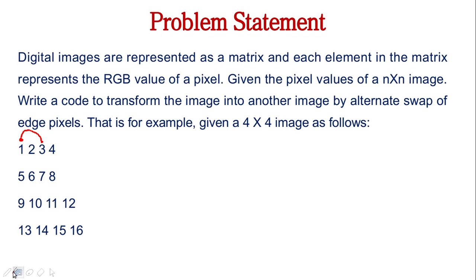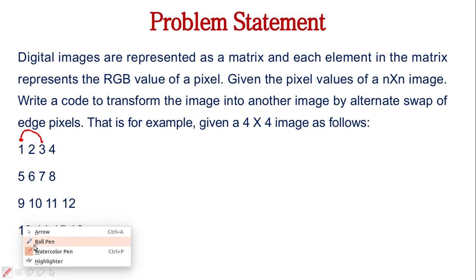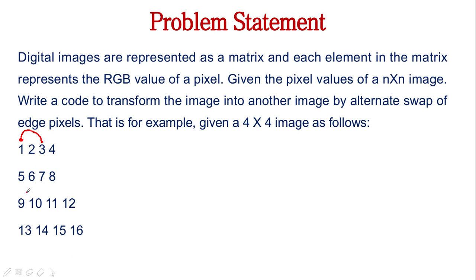You are not going to take the other things, you will be taking only the edge elements. Only these elements are going to be considered, and it should move in this direction. When you look at the example you will understand. Now I am just describing the way in which you should move.